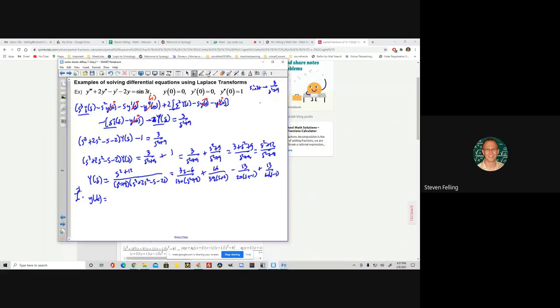All right, so we're not quite ready to do the inverse Laplace just yet. We have to do a little bit more massaging. The first thing I would do is say y of s is 3 over 130 times s over s squared plus 9, and then minus 6 over 130 times 1 over s squared plus 9.